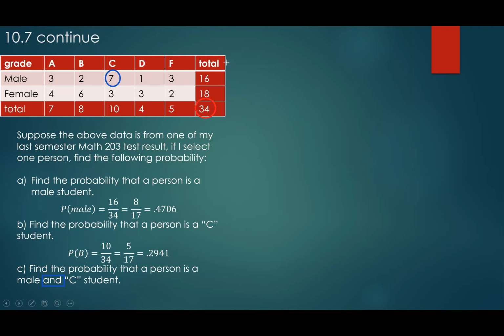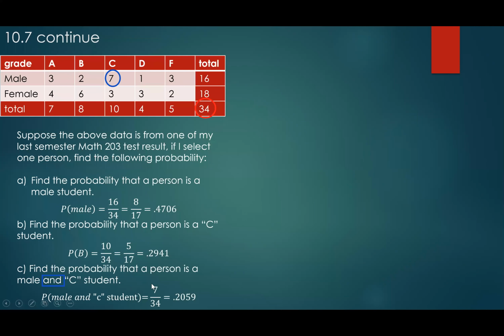Do you agree that there are 7 who are a male student and also a C student? So 7 over 34, and if you divide 7 by 34, you get 0.205883, or about 0.2059.